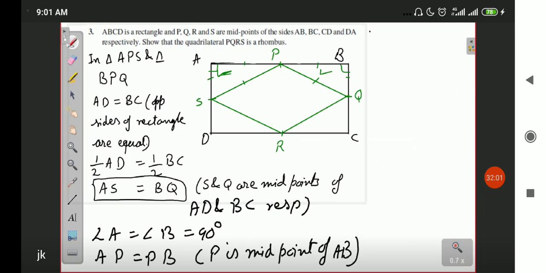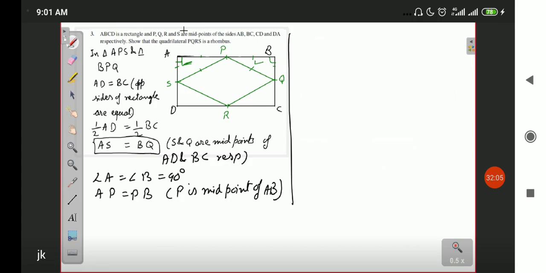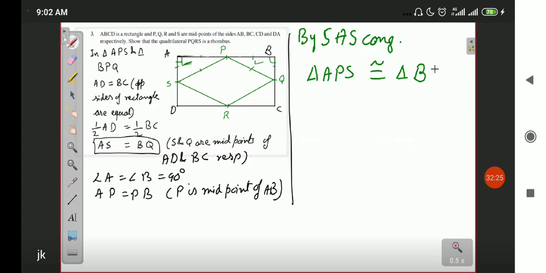By using all this, you will say by SAS congruency, triangle APS will be congruent to triangle BPQ.